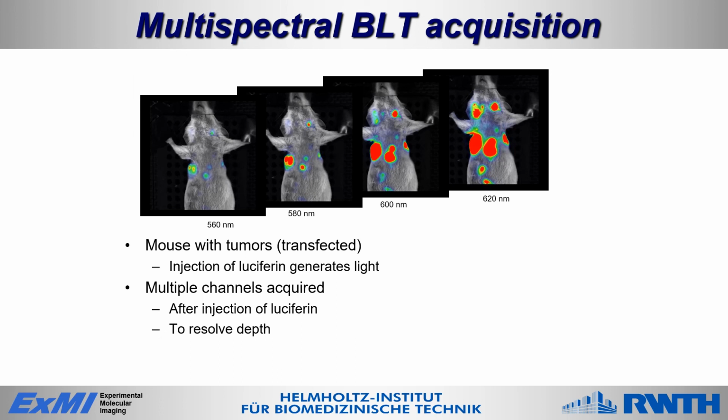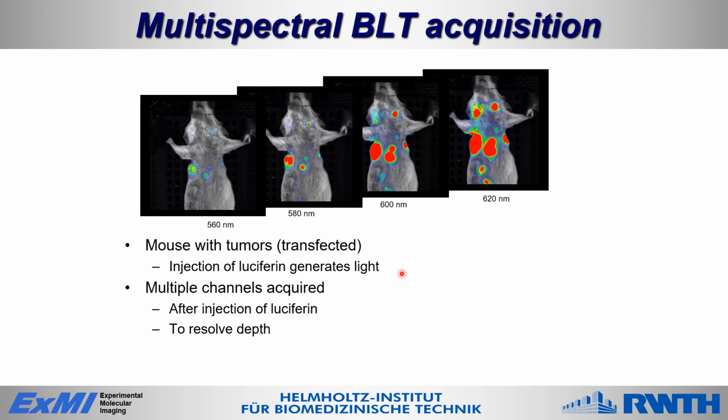The bioluminescence tomography works by acquiring multispectral bioluminescence images using filters. Here you can see an example of a mouse with tumors and metastases, and what happens is that at the higher wavelengths you will see the deeper signal, because the lower wavelengths are much more absorbed by the animal tissue.